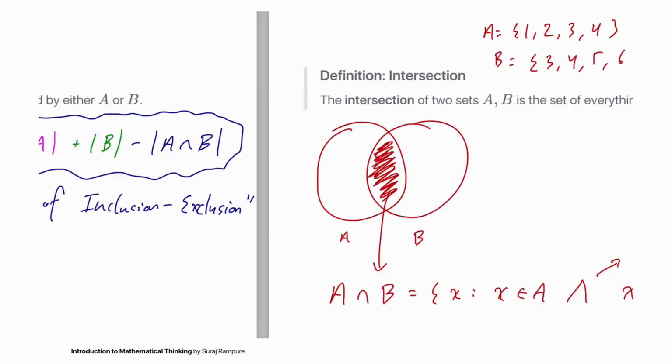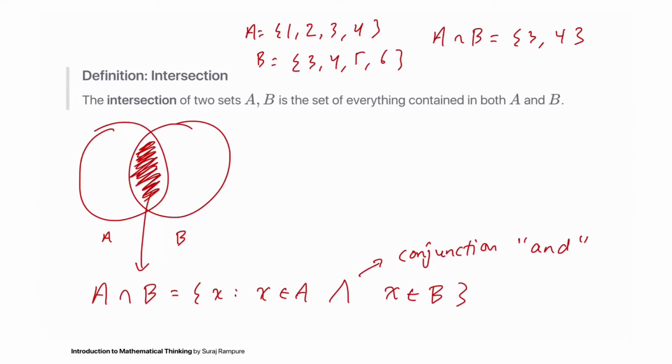Cool. Another interesting point regarding the intersection of two sets is that sometimes two sets don't have an intersection, right? So if A is 1, 2, 3, and B is 4, 5, 6, what is their intersection? Well, it's nothing, right? It's the empty set.